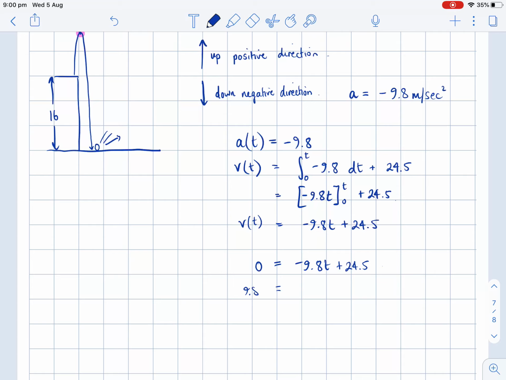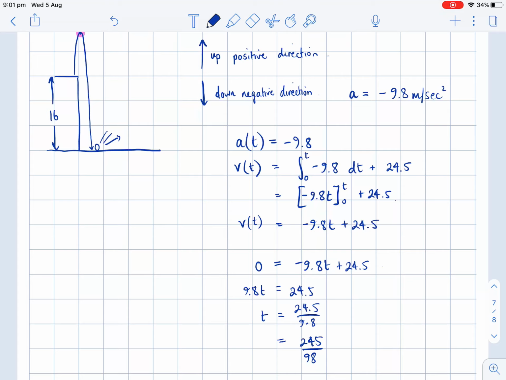Which equals 9.8t, 24.5, so t equals 24.5 on 9.8, and trying to avoid using my calculator here, I got 245 on 98. Can I simplify that expression? I know it's got to end in a 5, can't end in a 3, so I don't think I can simplify that.